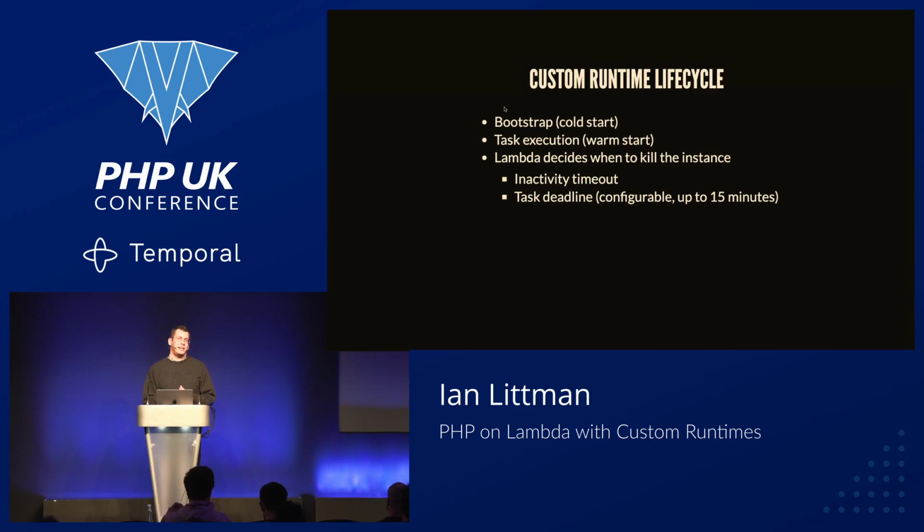So now let's get into this custom runtime lifecycle. I told you it was kind of weird compared to just setting PHP-S or Nginx or FPM. So on Bootstrap, AWS will, in the case of not using a Docker container, look for a file, I believe it's /opt/bootstrap, and it will run that.